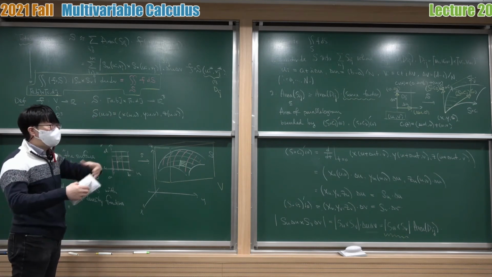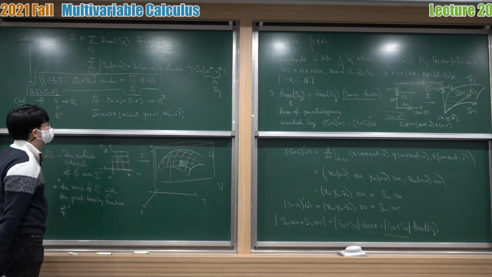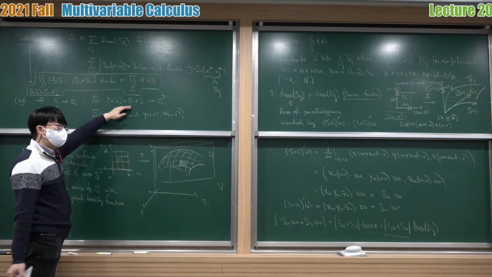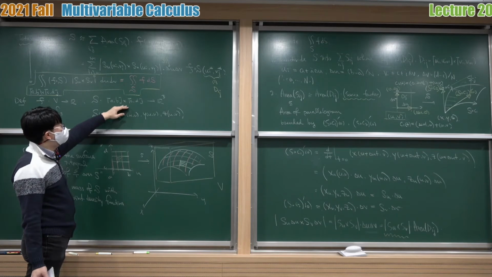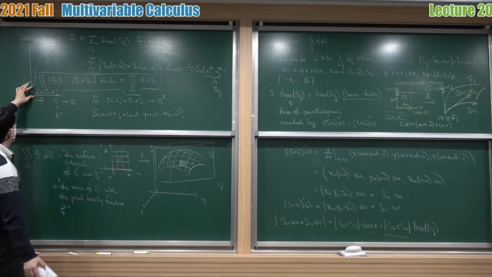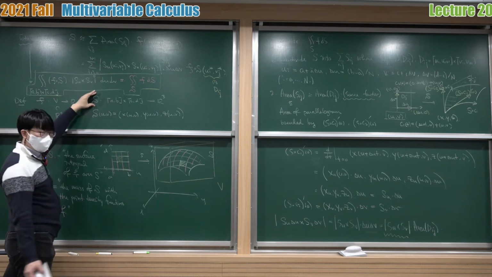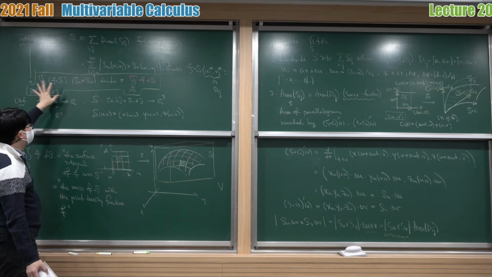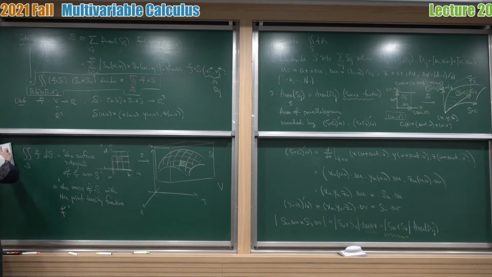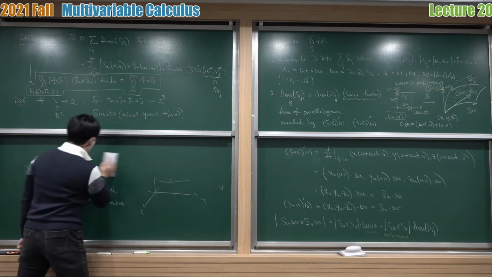If you can find another parameterization from any type of domain in two-dimensional space, then you can replace the domain of integration with the domain of the parameterization of the surface. But let's leave it here. Let's look at some examples.